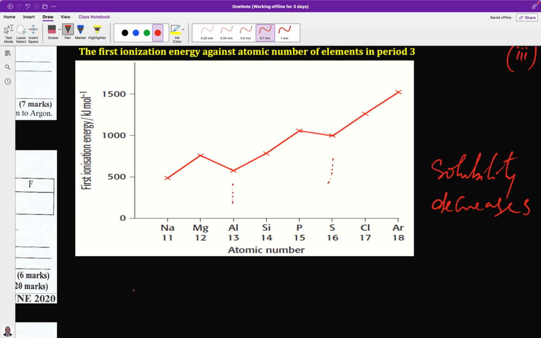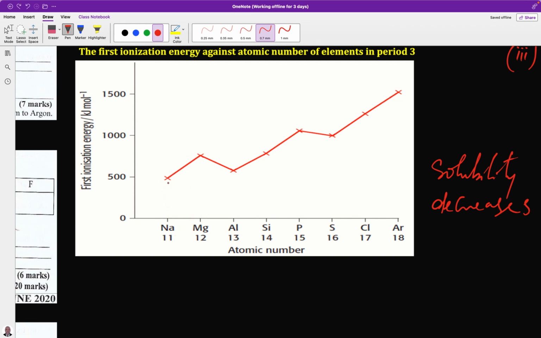That reason we gave in our previous video. So if you were to sketch the first ionization energy of the elements across the third period from sodium to argon, this is how the sketch is supposed to be.